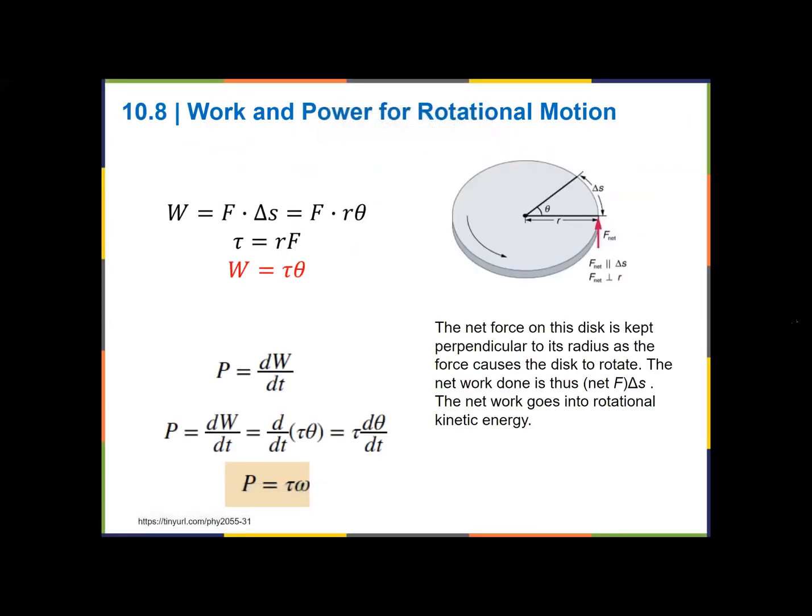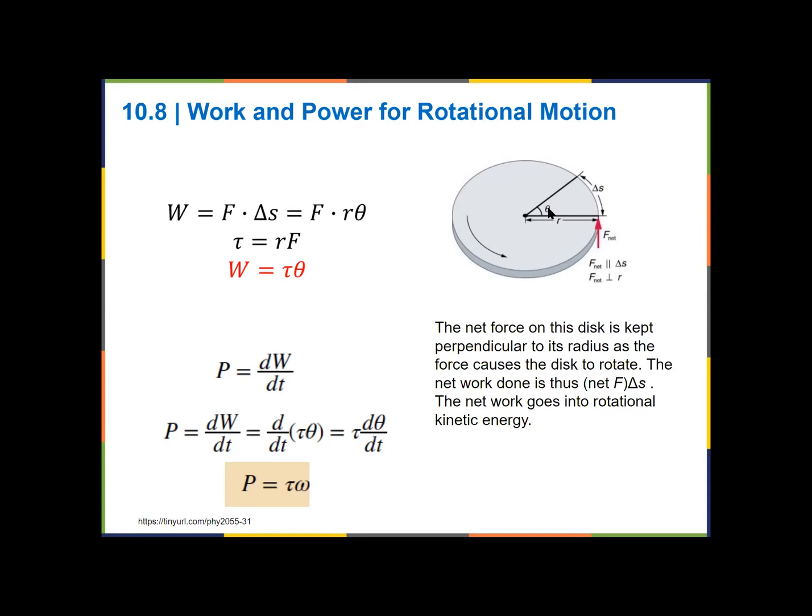Okay. So after Newton's second law of motion, in linear motion we talk about work and energy, right, and power, etc. So in this case, similarly, we'll talk about work and power for rotational motion. Starting from linear motion, the work is defined as force times the displacement, right, distance, and that was in one dimension. But in rotational motion, the displacement should be the arc length over here. So let's take a look here. If there's a force driving this disk, and in whatever amount of time the arc length traveled is delta s.